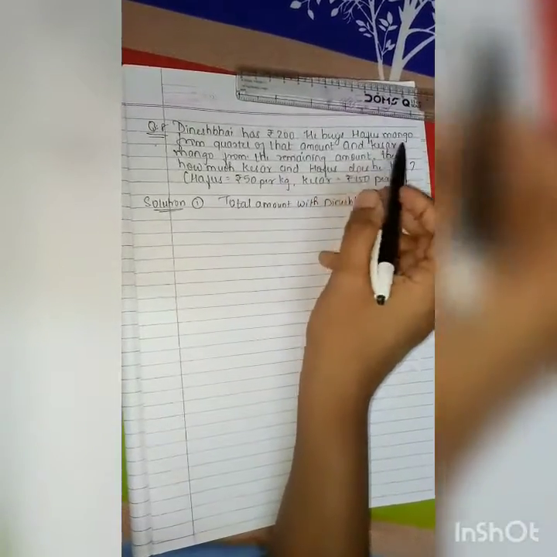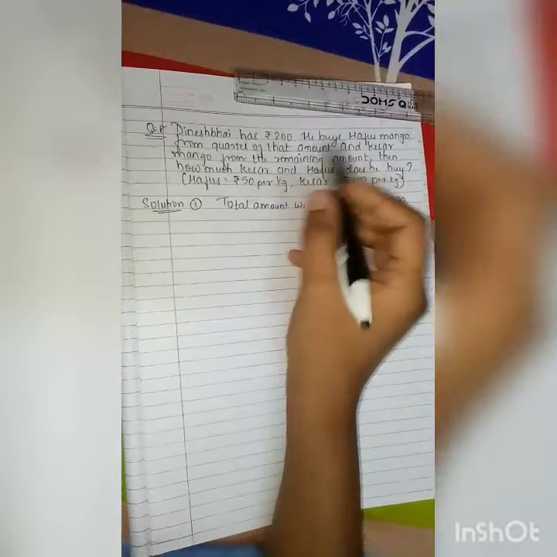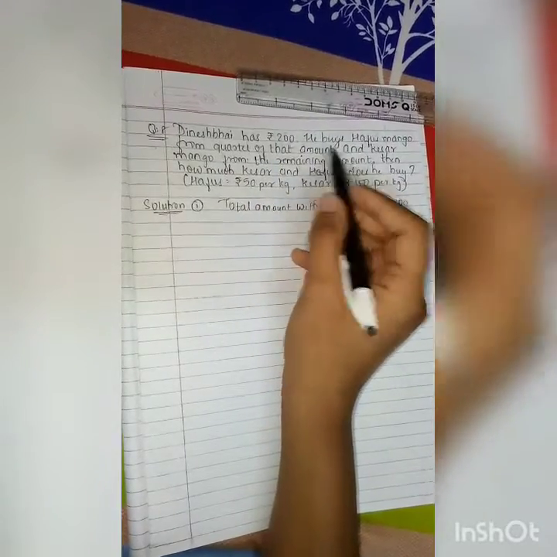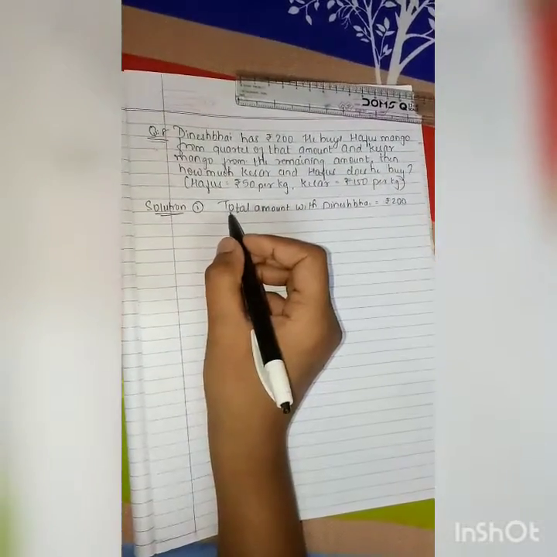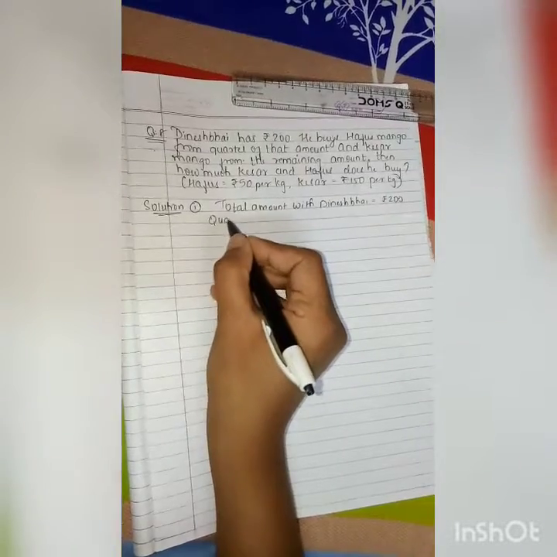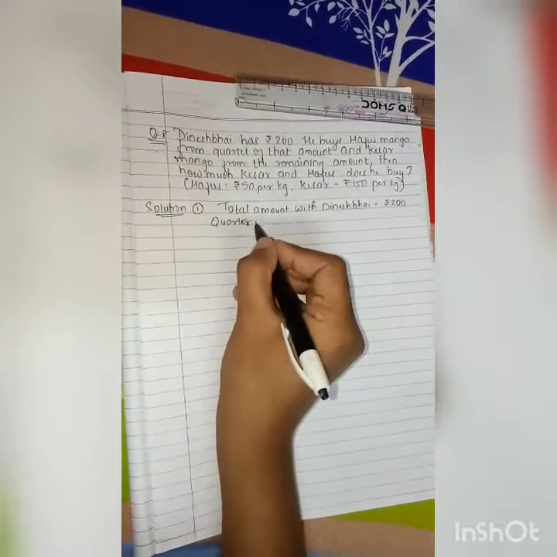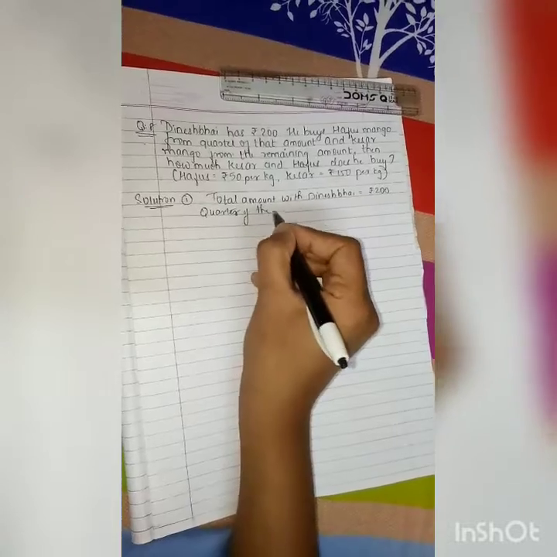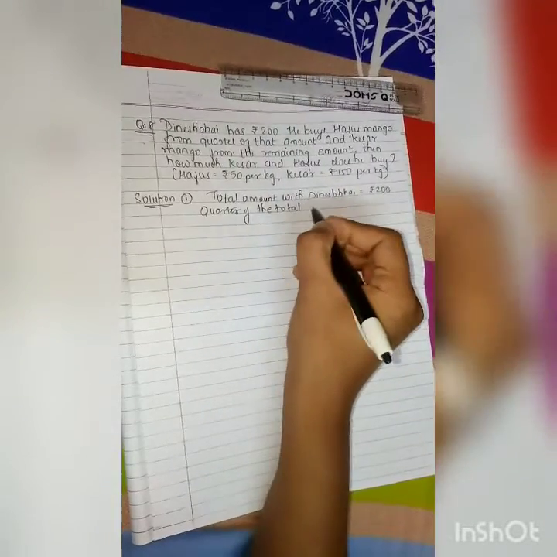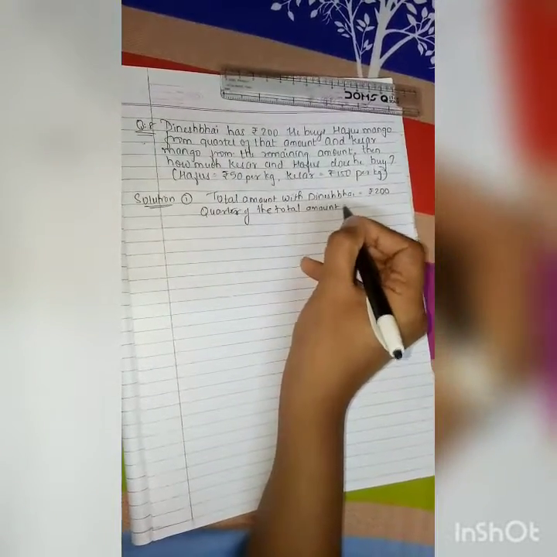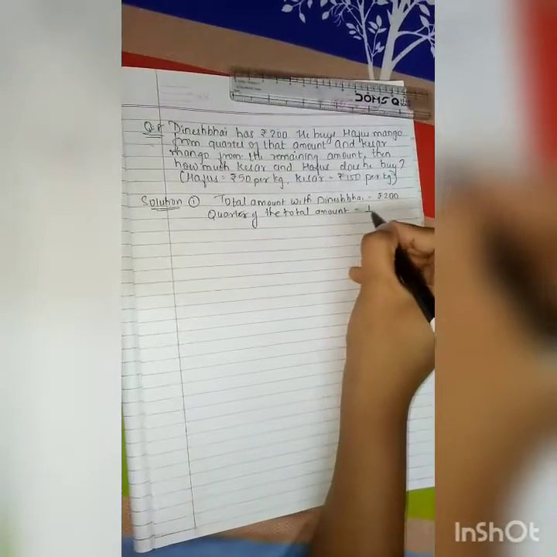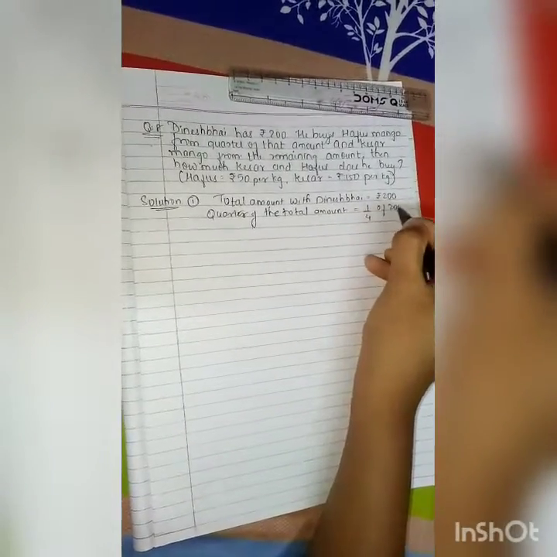Now he buys Hafuz mango from quarter of that amount. So quarter of the total amount is equals to, quarter means 1/4 of 200.